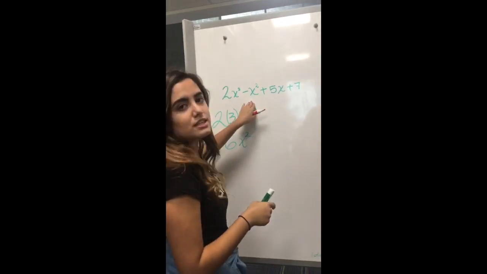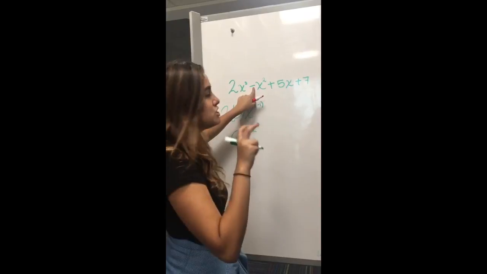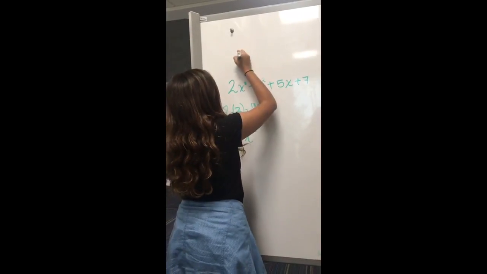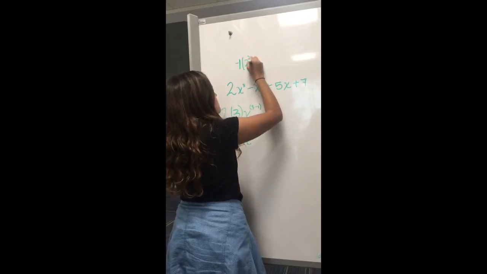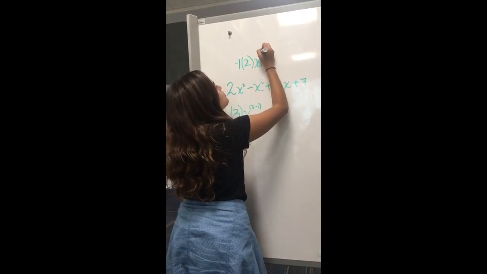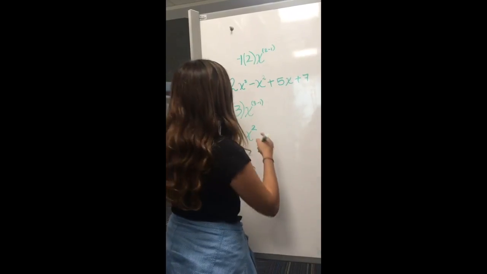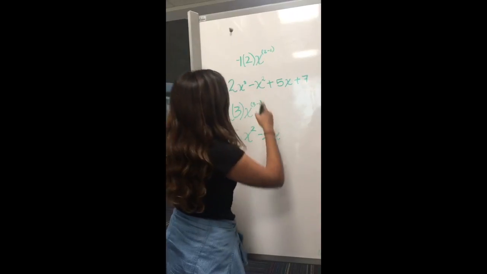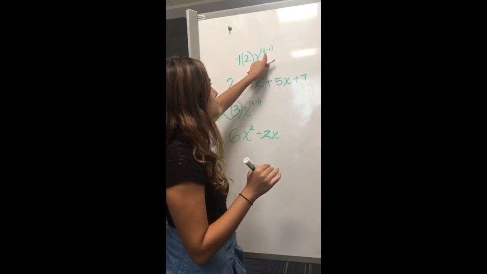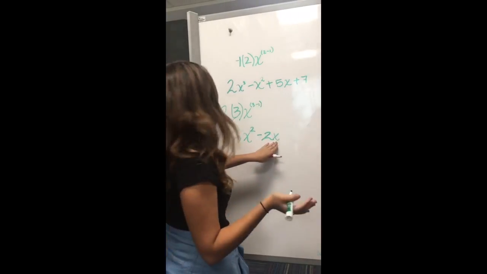And then you have to do the same with the next term. Here you have to imagine as if you have an imaginary 1, which is going to be 1 times your exponent, and then you're going to do 2 minus 1. And this is going to give you negative 2x, and 2 minus 1 is 1, so you only leave the variable there.